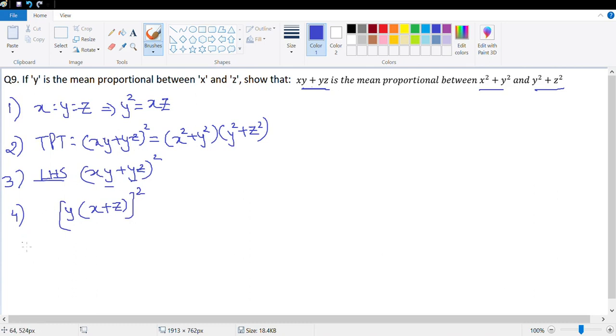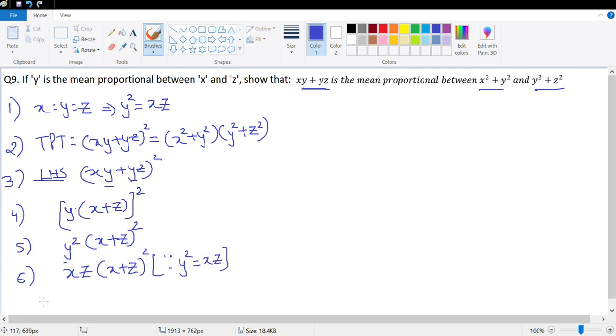Which means this is equal to y square times (x plus z) the whole square. If I take power 2 for y separately and power 2 for x plus z separately, y square we know is equal to xz. So xz times (x plus z) the whole square, since y square is equal to xz. So what we now have is left hand side is equal to xz times (x plus z) the whole square.